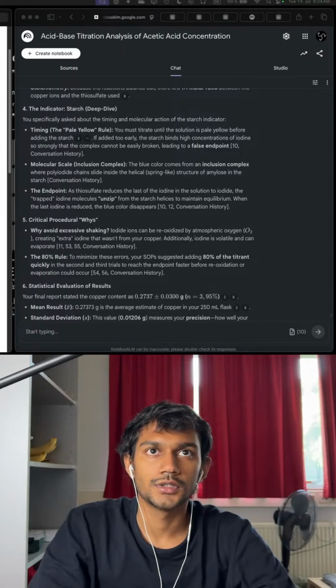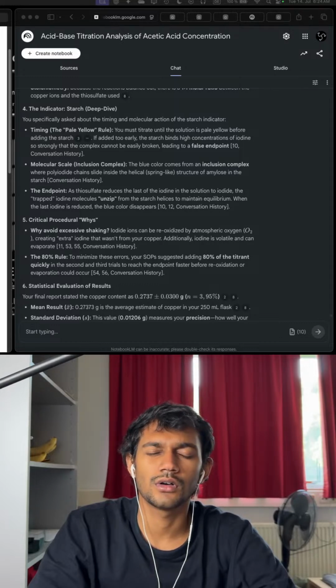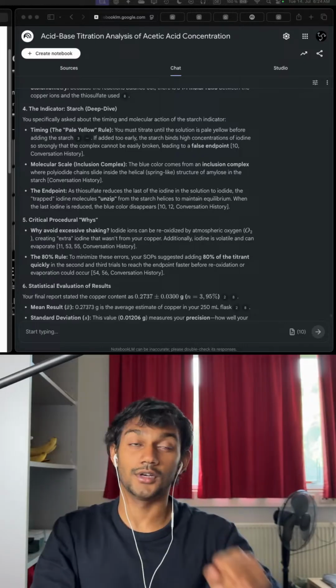This is a precipitation titration where the analyte and titrant form an insoluble solid. Why do the analyte and titrant form an insoluble solid? I don't remember. I remember. Yeah, I don't remember.